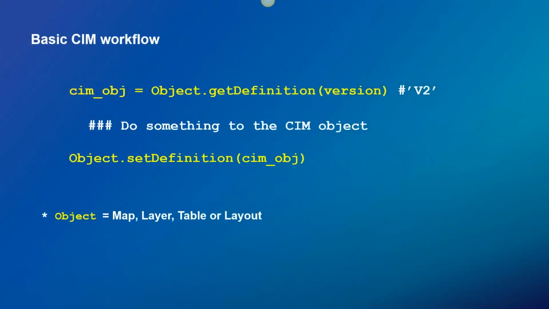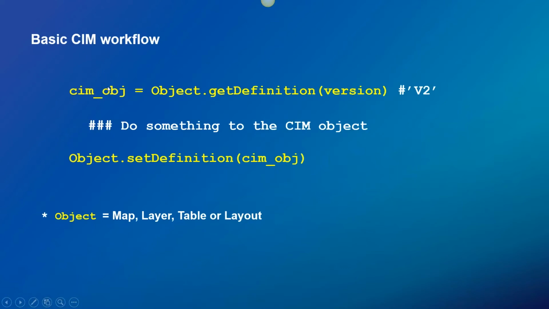So what is the basic workflow for working with these CIM objects? It's really easy. So we start with an object. And like I said earlier, we can work with maps, layers, tables, and layouts. And that's what we're limited to at this point. And once we reference our, let's say, our map through the standard ArcPy mapping API, then we have a method called getDefinition.